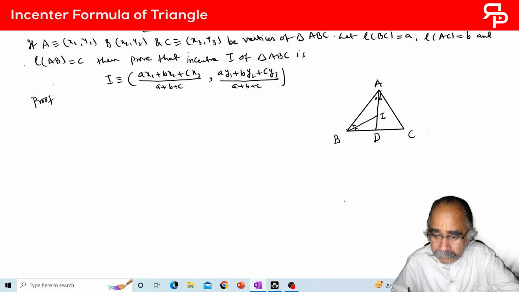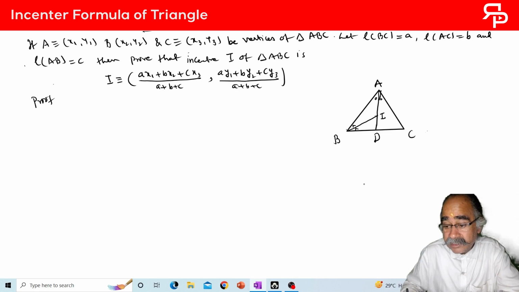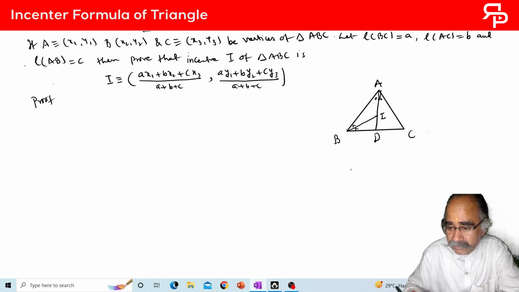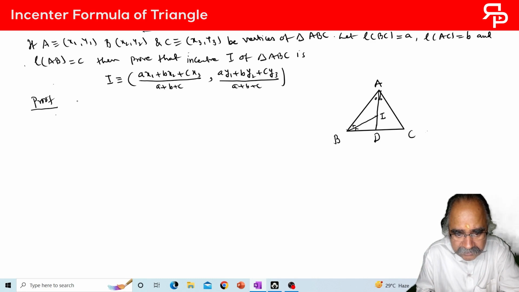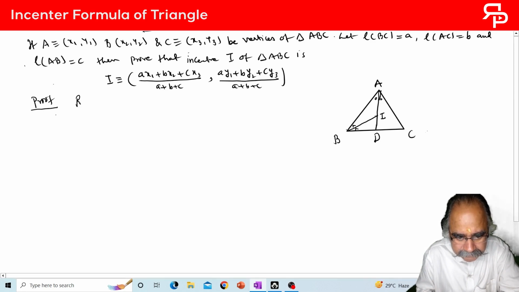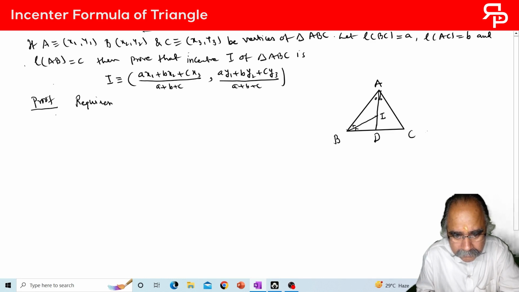These are the various things which we require to prove the incenter. So I think I should write them, so that you come to know what the requirements are, since it is a big proof. Four requirements are there.